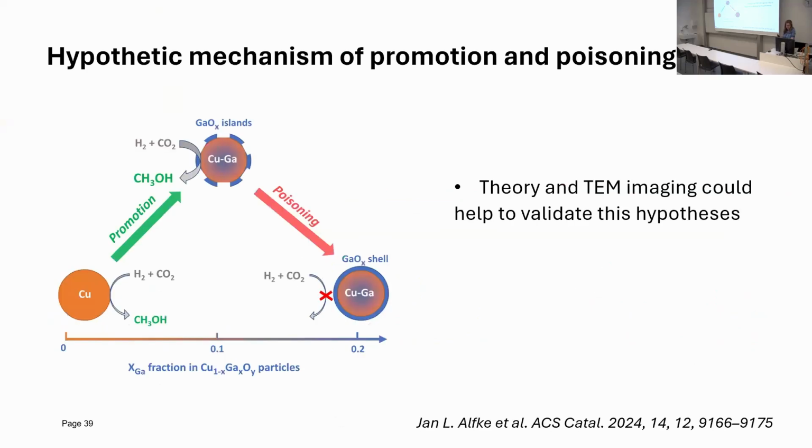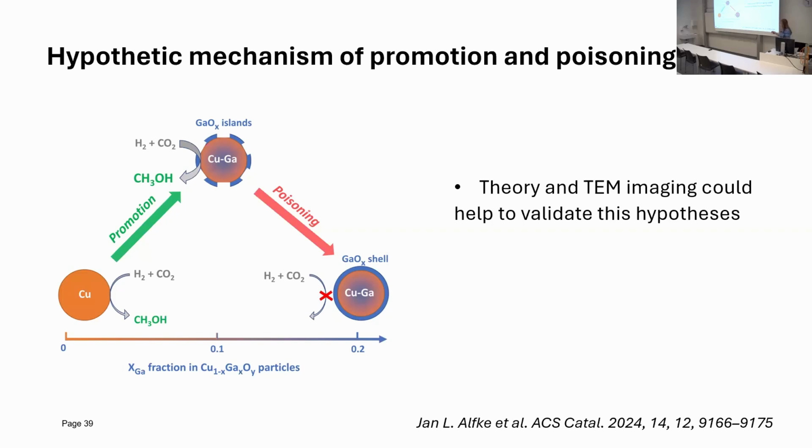And therefore, we came to the idea that most probably this poisoning is related to the formation of some shell around the gallium, let's say, a gallium oxide shell, which completely deactivates this catalyst.